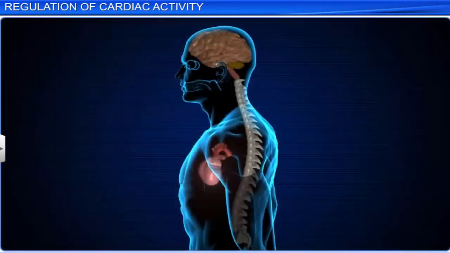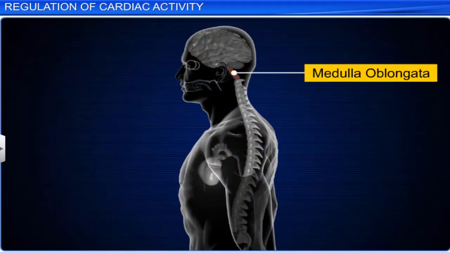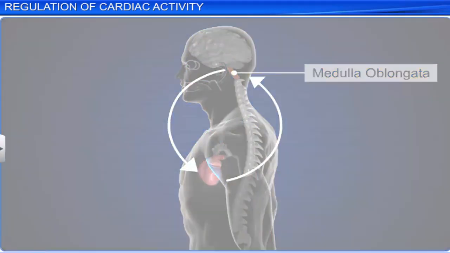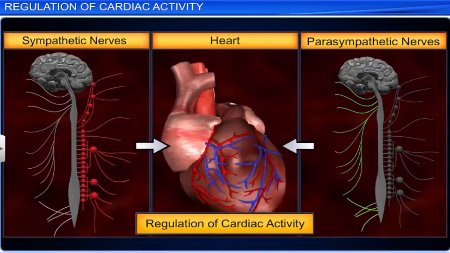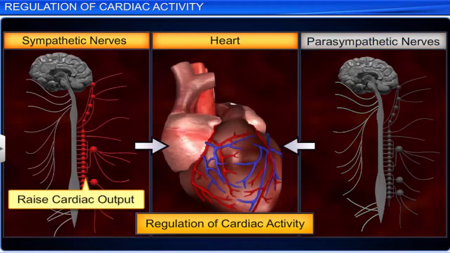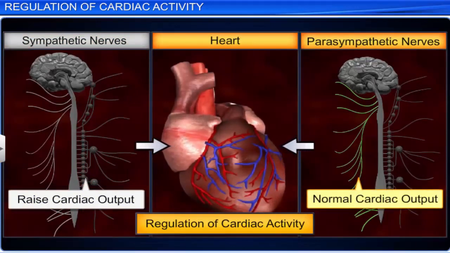This is because nodal tissues, which induce cardiac activity, are controlled by the medulla oblongata of the brain through sympathetic and parasympathetic nerves of the autonomous nervous system, or the ANS. While sympathetic nerves increase cardiac output, parasympathetic nerves act antagonistically to decrease cardiac output and bring it back to normal.